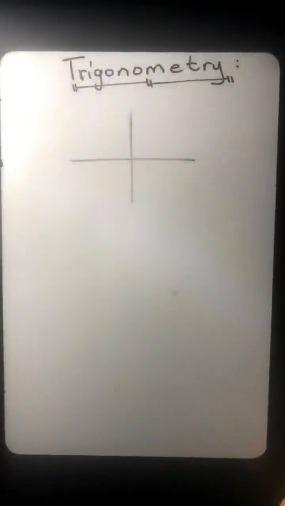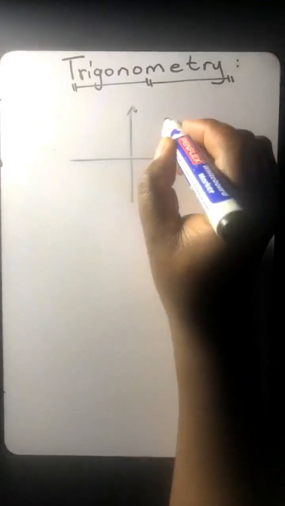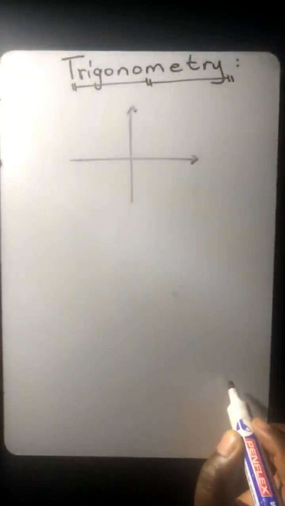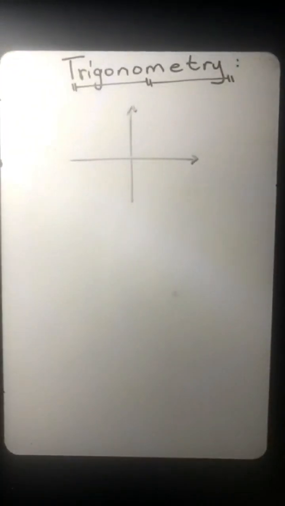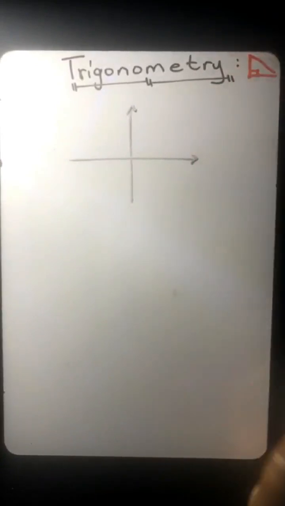Remember, we will at all times refer to our Cartesian plane, which has four quarters, namely four quadrants: the first quadrant, the second, the third, and the fourth. Under trigonometry, a right-angled triangle is involved, meaning we will talk about sine, cos, and tan.